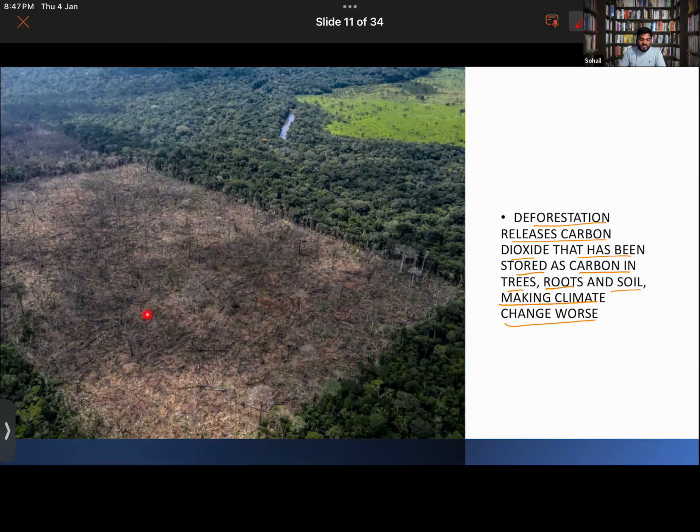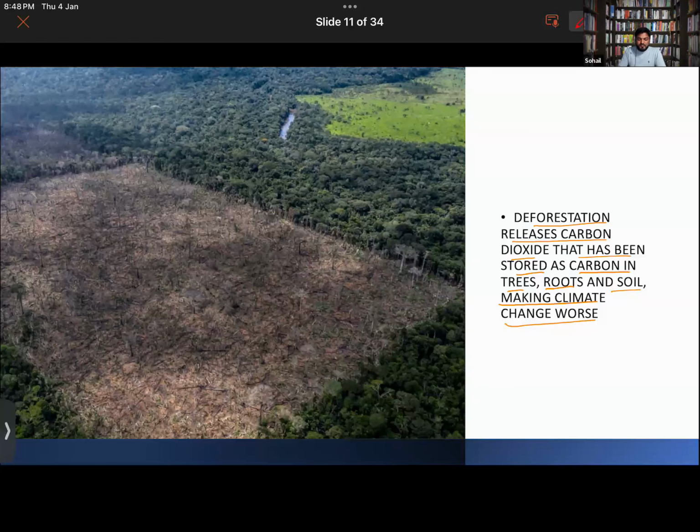But now we have cut them down. So since there are no plants, the excess carbon dioxide in the atmosphere will not be taken up by the plants. Hence, deforestation is helping in the release of carbon dioxide in the air.